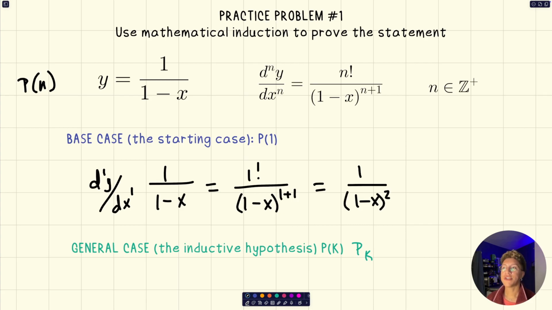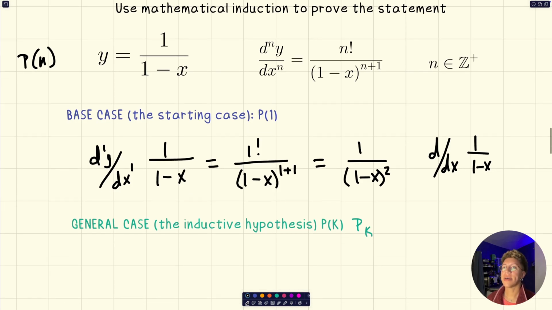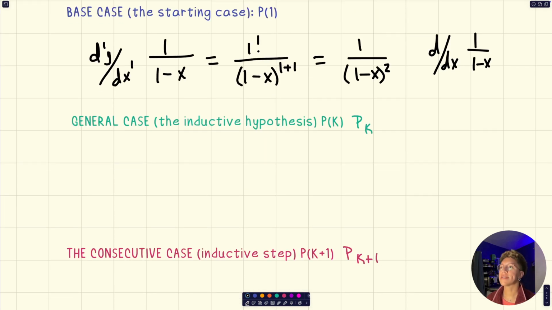How do we know that this is true, that the derivative of 1 over 1 minus x is equal to 1 over 1 minus x squared? Well, we take the derivative of 1 over 1 minus x. This requires us to do a little bit of calculus, so we're actually going to need a little bit more space. Let's move these other two down.